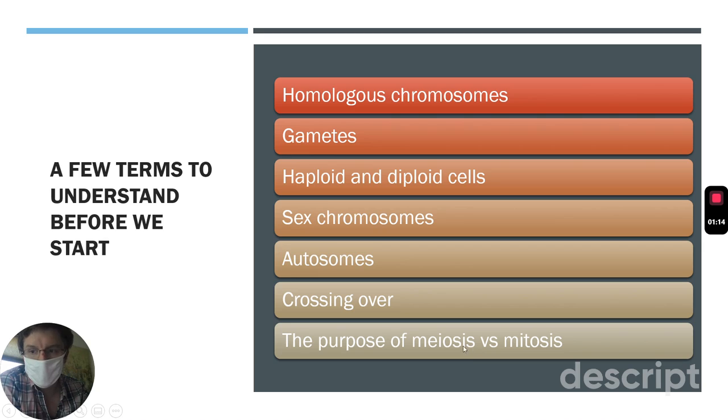Meiosis, this is what we're about to talk about in this video, is the process by which we produce gametes. Gametes are those products that we make to create other organisms. So in humans, this is the process where we create the sperm and the eggs, which are the components that create another human being.